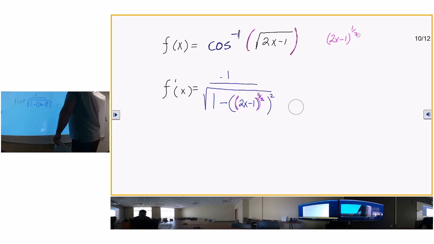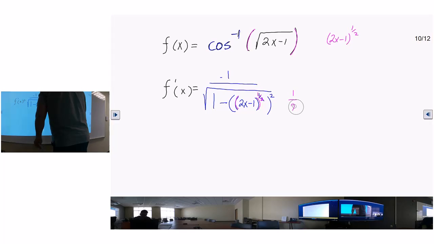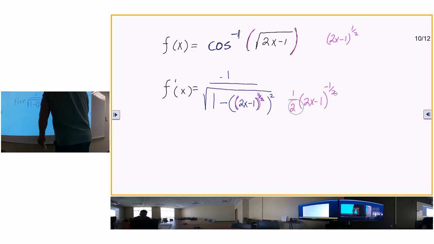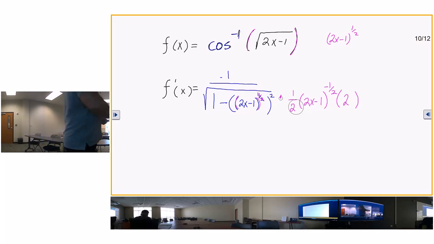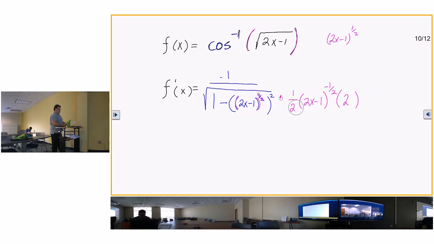Everybody with me? So I'm going to rewrite that as 1/2 times 2x minus 1 to the -1/2 power times parentheses. What's the derivative of 2x? 2. Now, finish it. This will reduce a little bit. Not much, but a little bit.